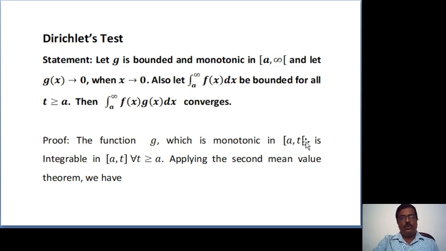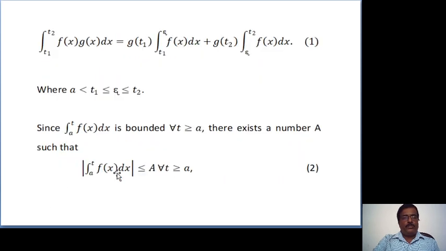Now applying the second mean value theorem, we have the integral from t1 to t2 of f of x g of x dx equal to g of t1 times the integral from t1 to epsilon of f of x dx plus g of t2 times the integral from epsilon to t2 of f of x dx. Call this equation 1. Where t1 and epsilon lie between a and t2, and t1 is less than or equal to epsilon.